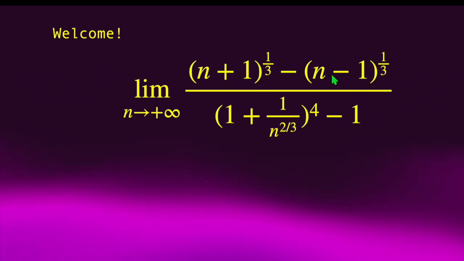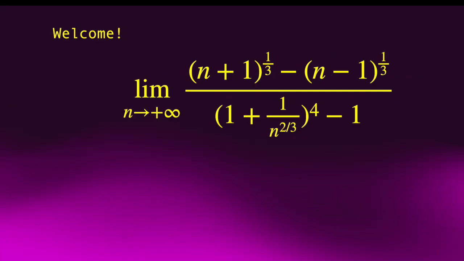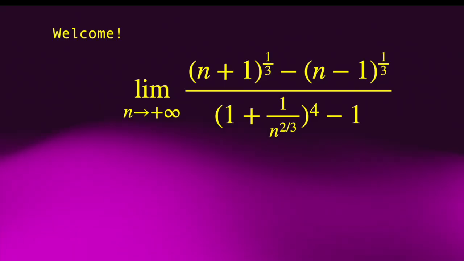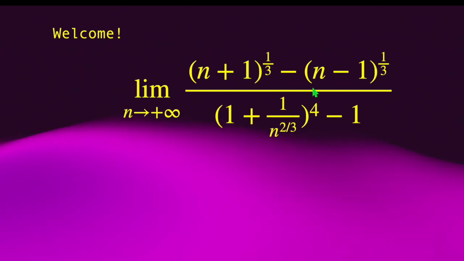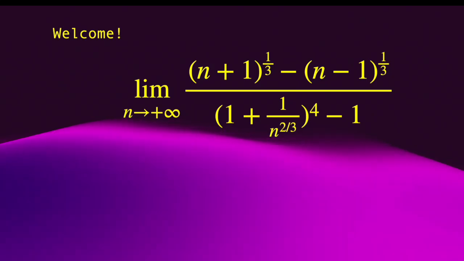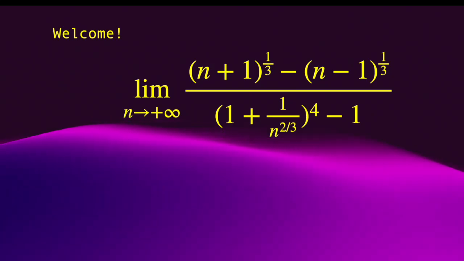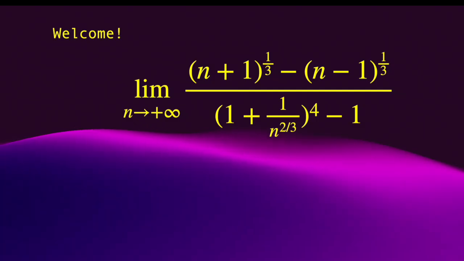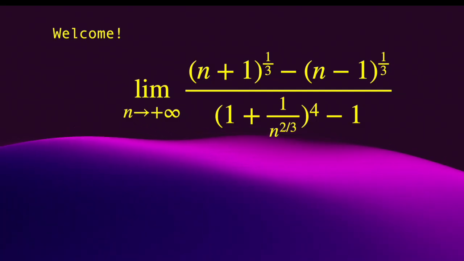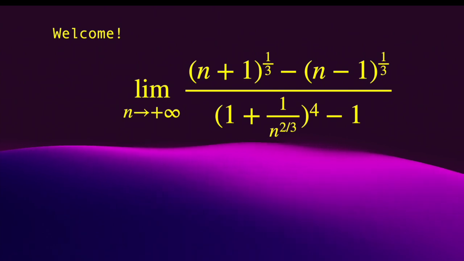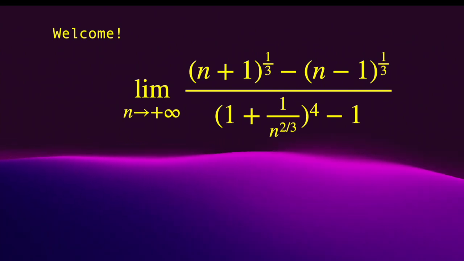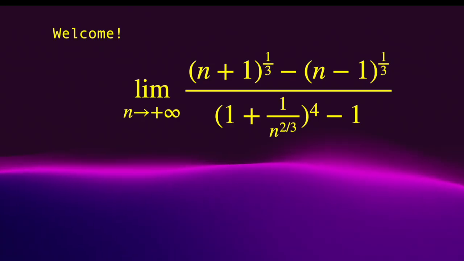But for the numerator, the situation is more complicated and we need a trick in order to factor this quantity. So you can try to do the computation by yourself, and if you find another method different from what I will give you now, you can share it in the comment.